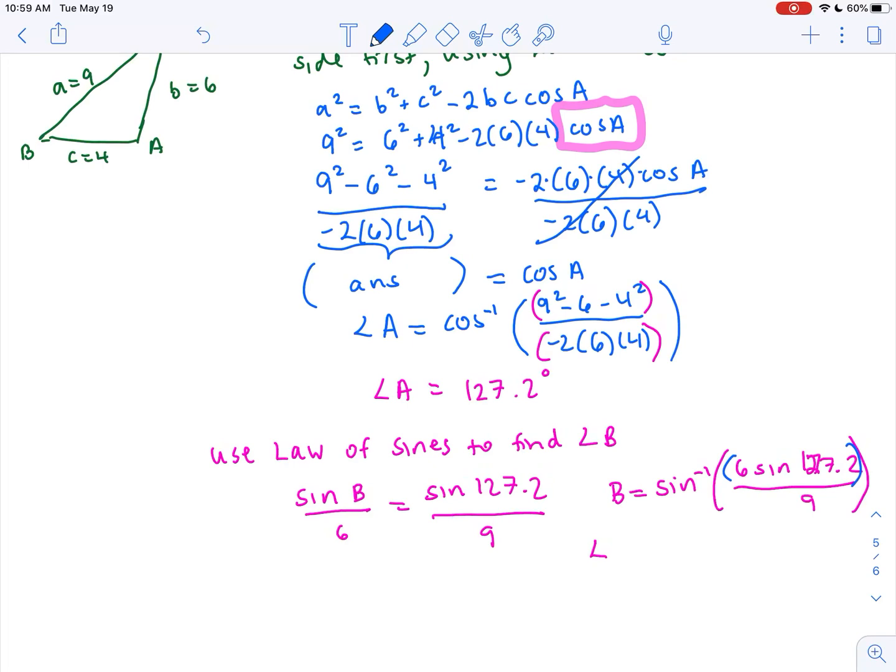Angle B should be equal to 32.1. Now that we know angle A and angle B, we can find angle C by finding the sum of the two previous angles and subtracting it from 180. And we get the measure of angle C is equal to 20.7.